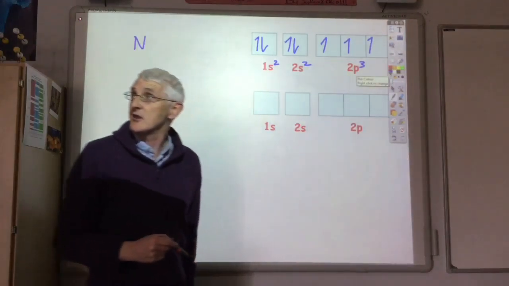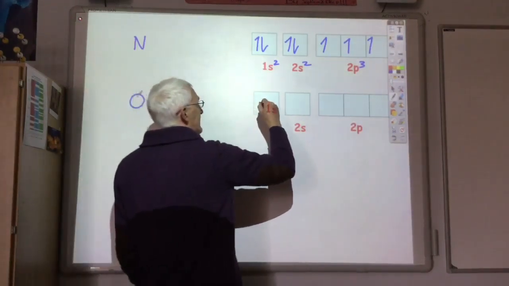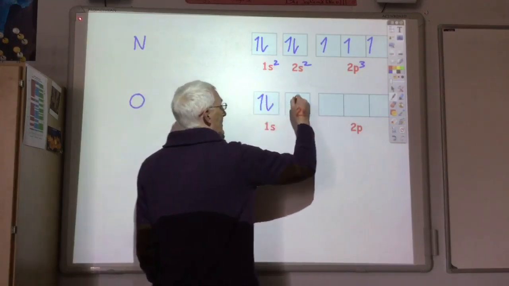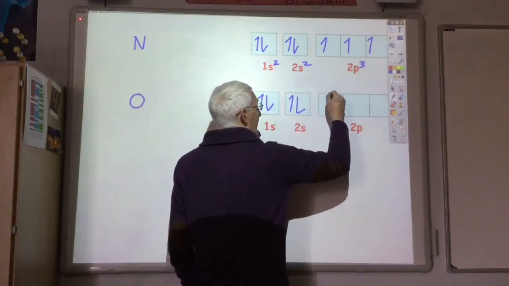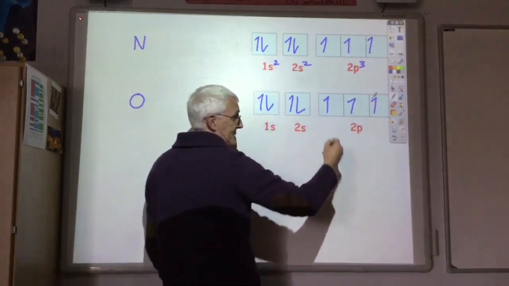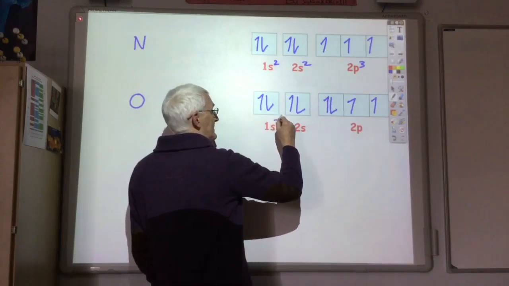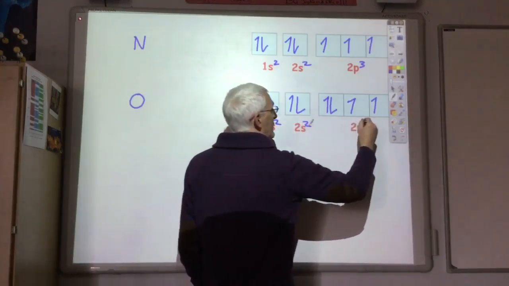Then after nitrogen we've got oxygen, so that's 8 electrons. So 1, 2, 3, 4, 5, 6, 7, and now it has to start pairing up. 8. So it's 1s2, 2s2, 2p4.